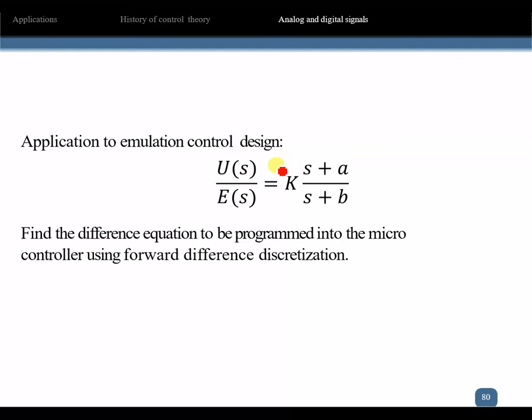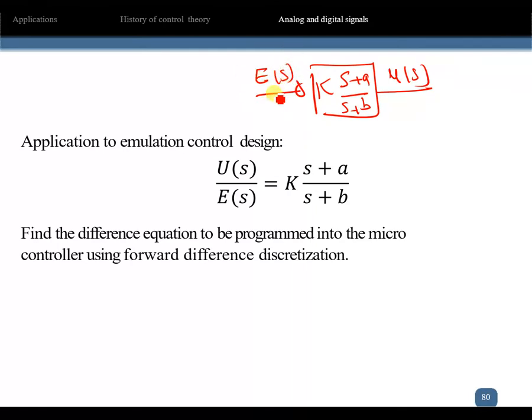Okay, now we saw one example, the application to emulation control design. Imagine you have the control system here. This control system is C(s) = K(s plus a)/(s plus b). The output becomes the input of my signals, and the input of the control becomes the error. Find the differential equation to be programmed into the microcontroller using forward difference discretization.